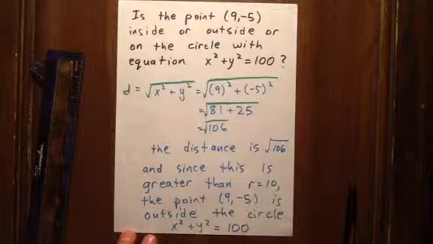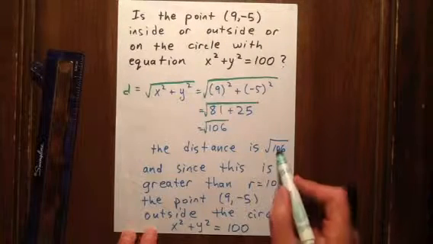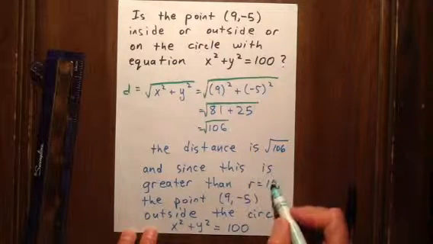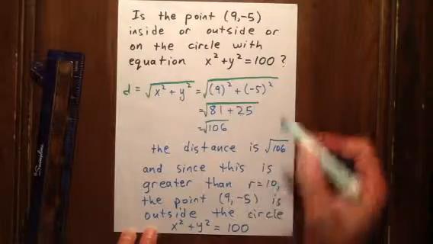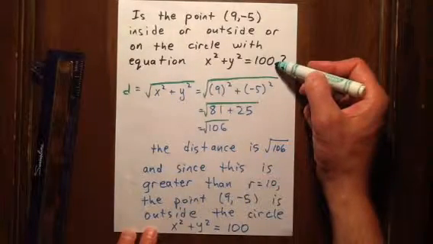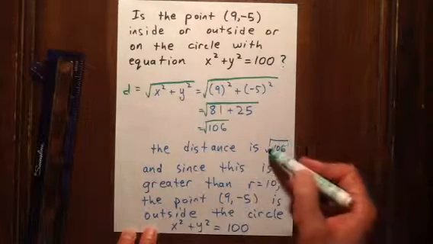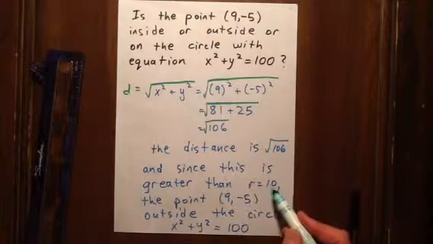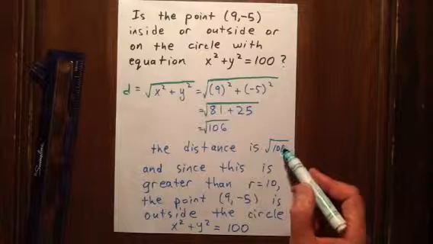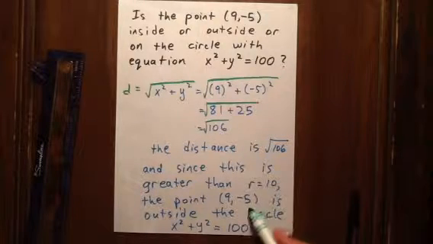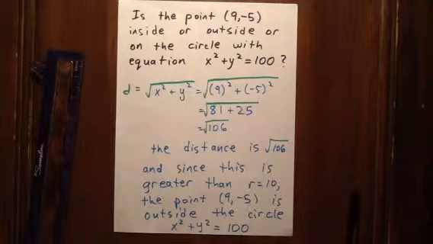Well, since the distance is square root 106, and since the square root of 106 is greater than the radius of 10, which this circle has, because 106 is bigger than 100, root 106 is bigger than 10. So since this distance is bigger than the given radius, the point in question must be outside the circle x squared plus y squared equals 100.